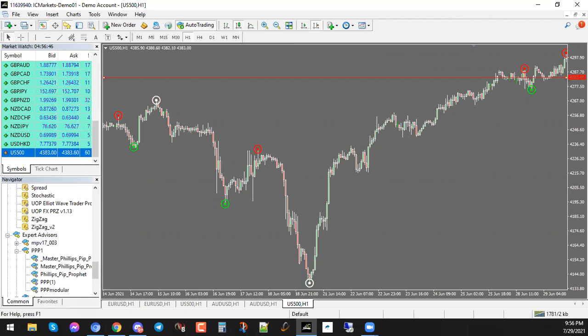Okay, so basically Mario is saying that the white dot repainted for him about 30 pips. That's okay. That's okay if the white dot repaints, because you're not getting involved once you see the white dot. So don't get me wrong. You're not jumping into the trade on the white dot.